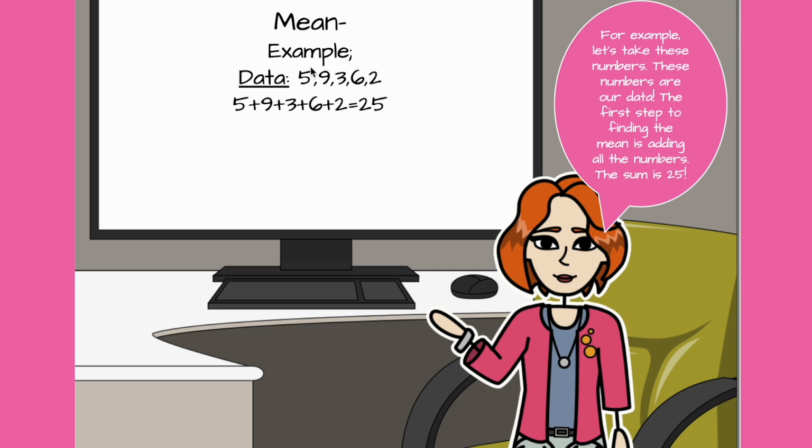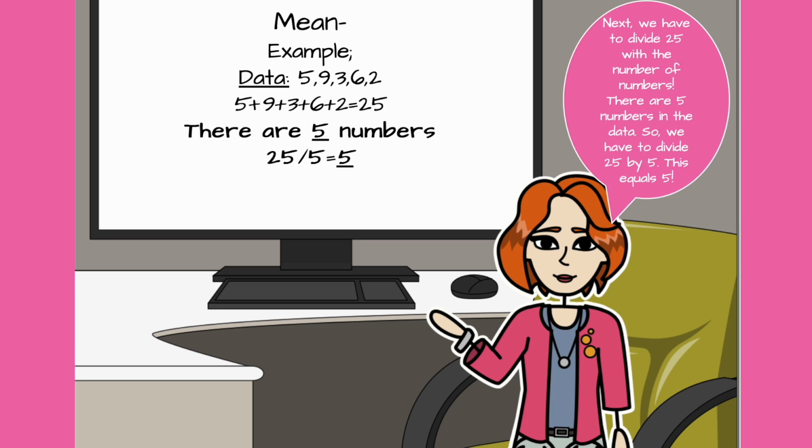For example, let's take these numbers. These numbers are our data. The first step to finding the mean is adding all the numbers. The sum is 25. So it'd be 5 plus 9 plus 3 plus 6 plus 2 equals 25, our total.